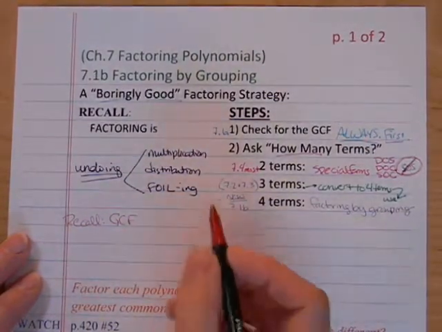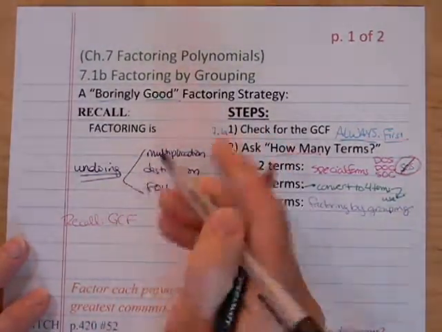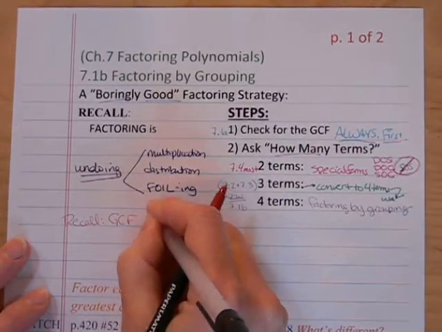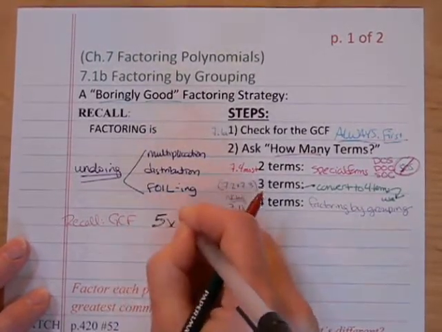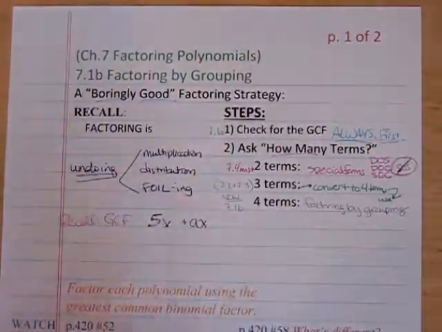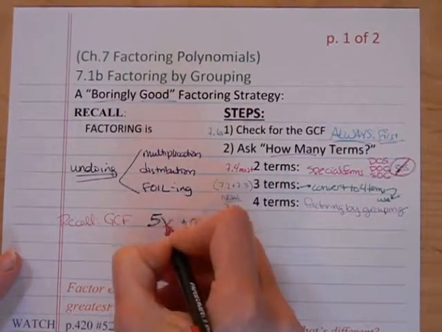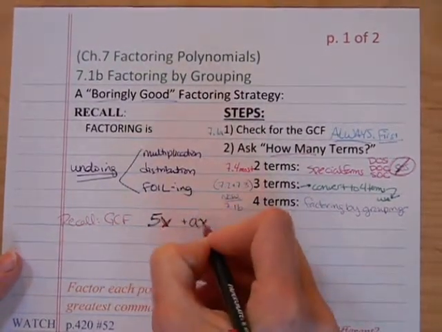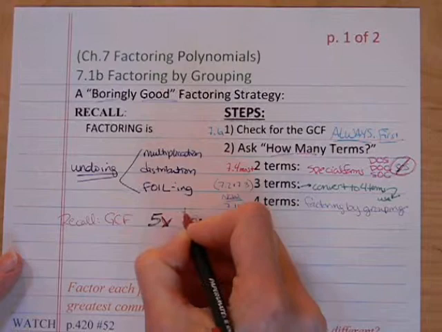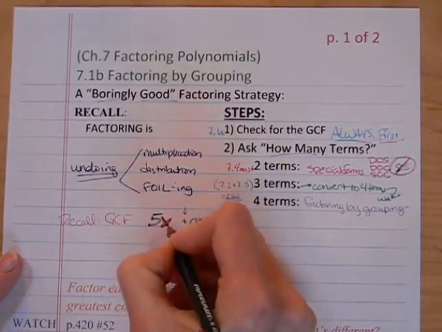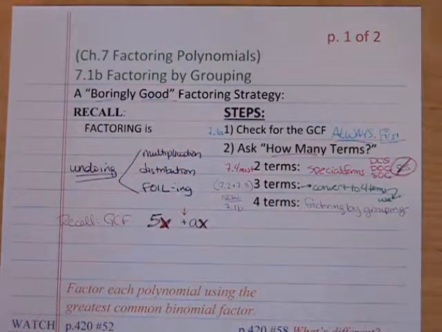Recall that a GCF, if you have something like 5x plus, say, a times x, okay? What we were looking for is something that both terms have in common, and a term is anything separated by a plus or a minus. Remember, a minus is really adding the negative, so we can just say a term is anything separated by a plus.